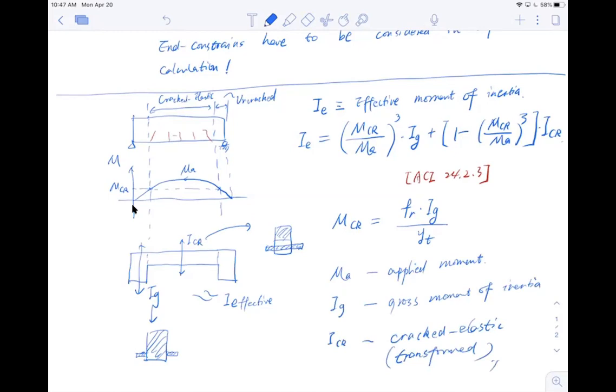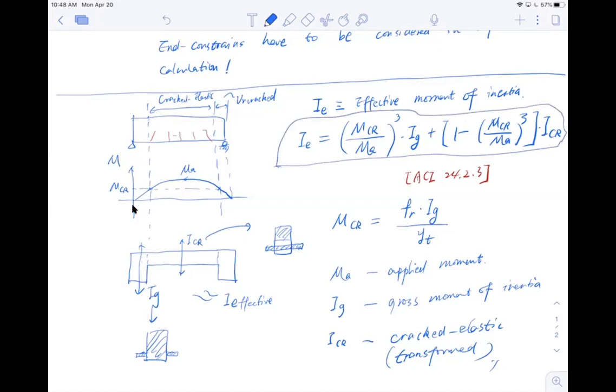Quickly to summarize here: what we need to consider when we calculate deflection is that we cannot use one moment of inertia. We have to use this effective moment of inertia, calculated using this formula right here.